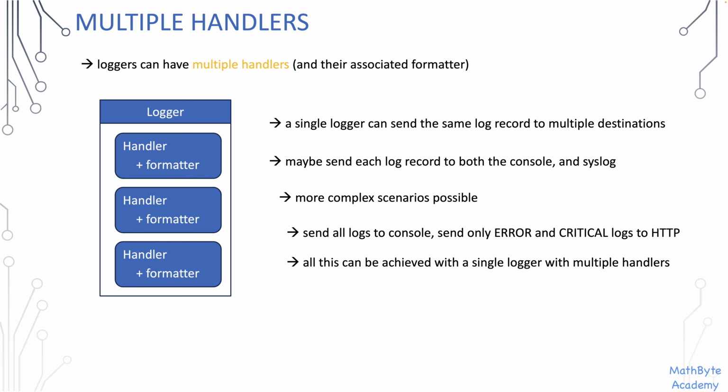So you're starting to see why sometimes logging can feel complex, because it's like, well, I've got all these handlers and formatters, and no, the concept is simple. You have a logger, which has a handler, which has a formatter. If you want to, you can add multiple handlers to the same logger.